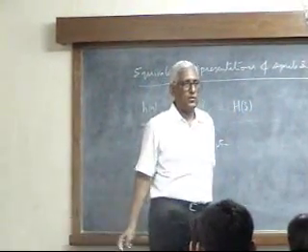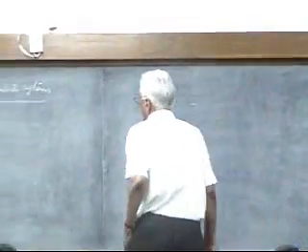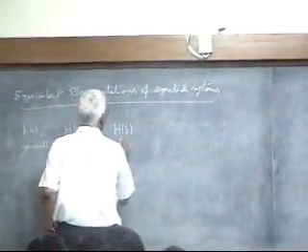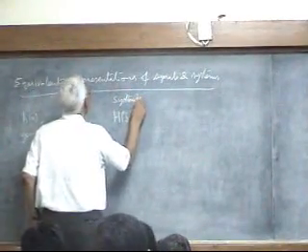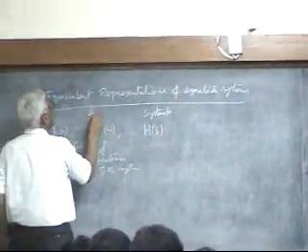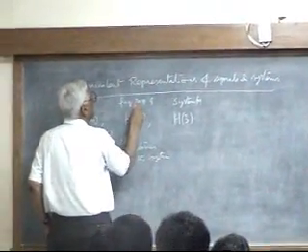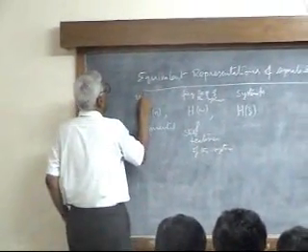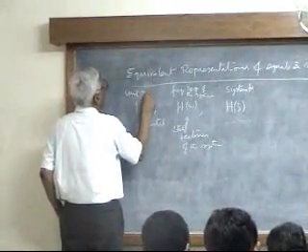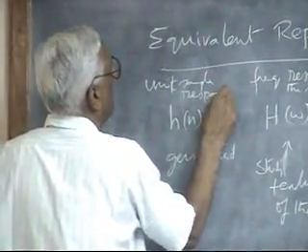Then there is another representation of the system, which we are going to discuss now, called the Z transform representation of the system, or the system function. This is called the frequency response of the system, and this is called the unit sample response of the system.